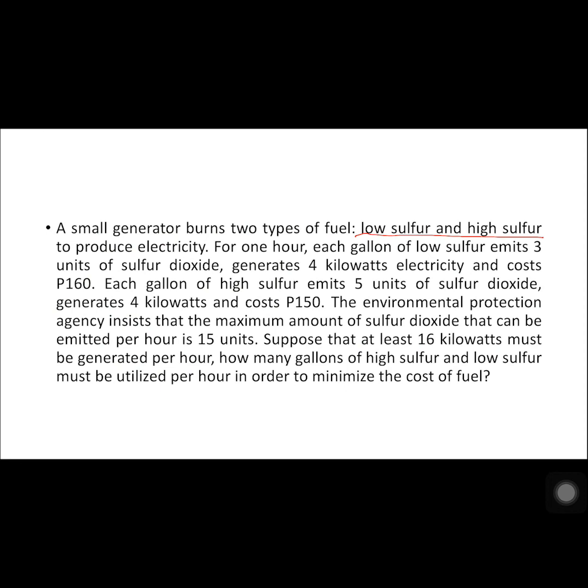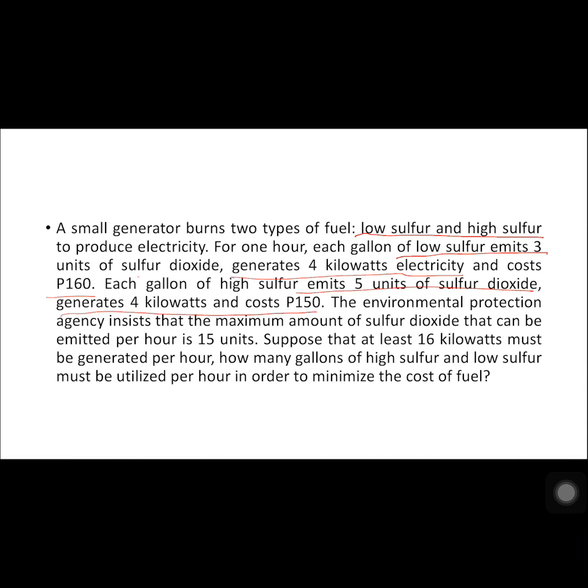For 1 hour, each gallon of low sulfur emits 3 units of sulfur dioxide, generates 4 kilowatts of electricity, and costs 160 pesos. Each gallon of high sulfur emits 5 units of sulfur dioxide, generates 4 kilowatts, and costs 150.